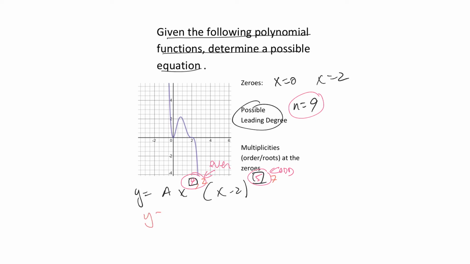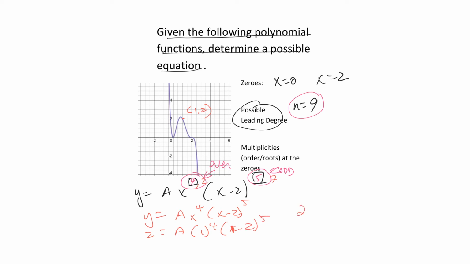So again, let's just say you chose to have x to the power of 4 and (x minus 2) to the power of 5, then you would do the exact same thing as before. We would choose a nice point, in this case it'd be (1, 2), the same thing. We solve for the a value by substituting the input and output for that specific point that we chose, and then you solve for your a value.